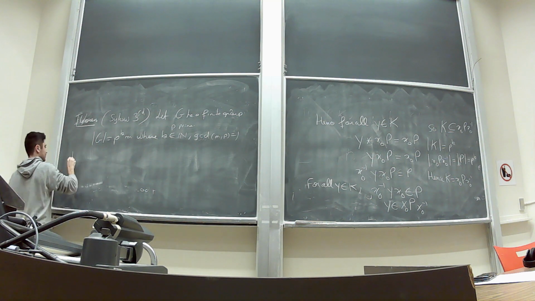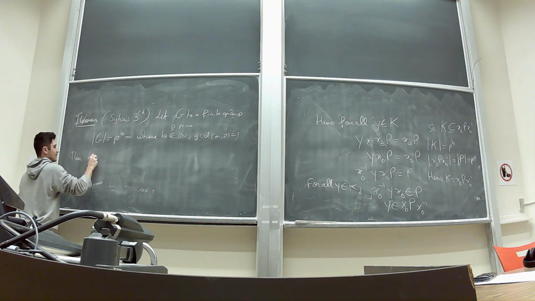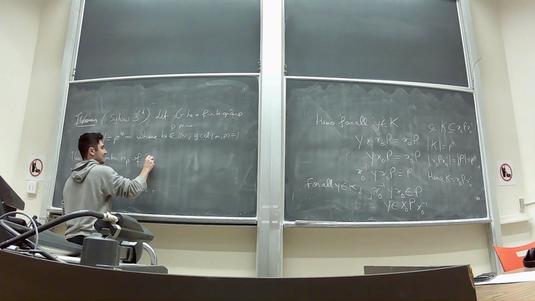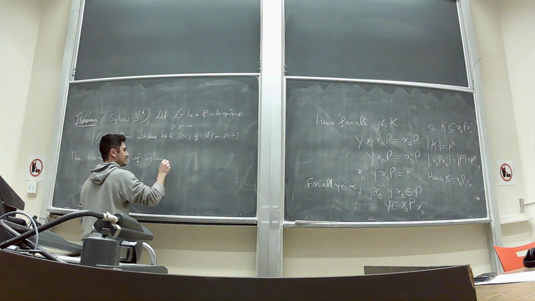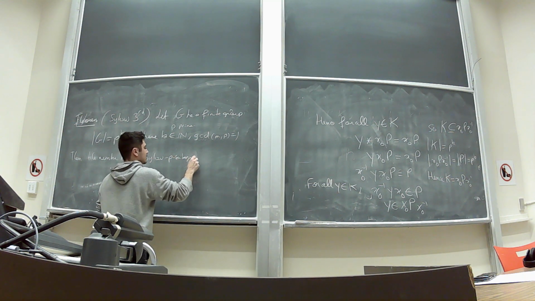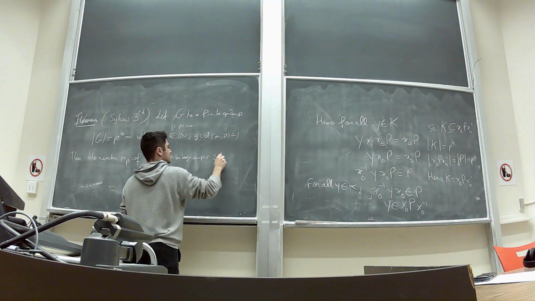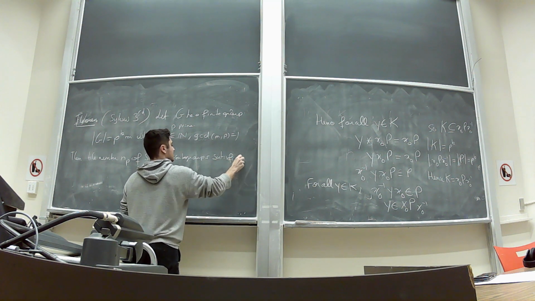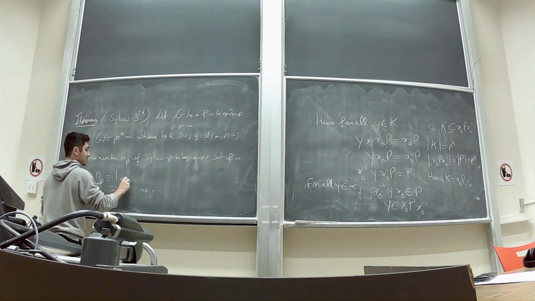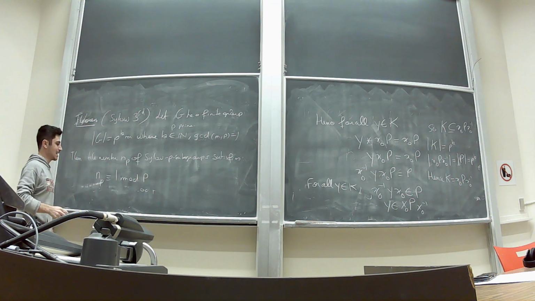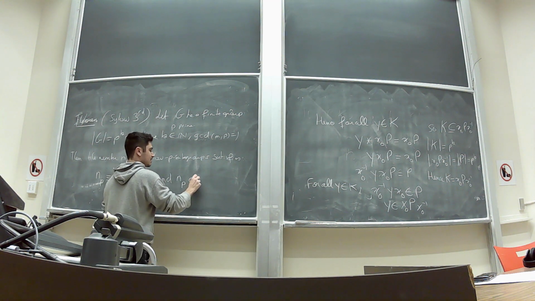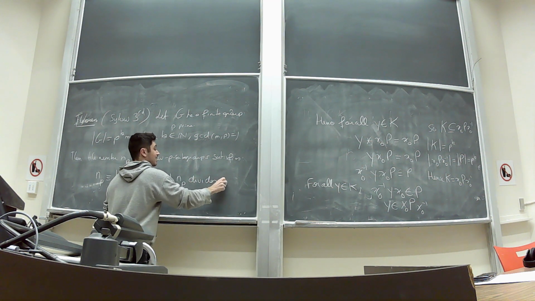Then the number np of Sylow p-subgroups satisfies the following: np is congruent to 1 mod p and np divides m.